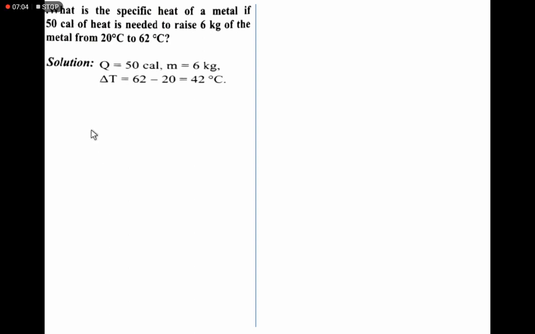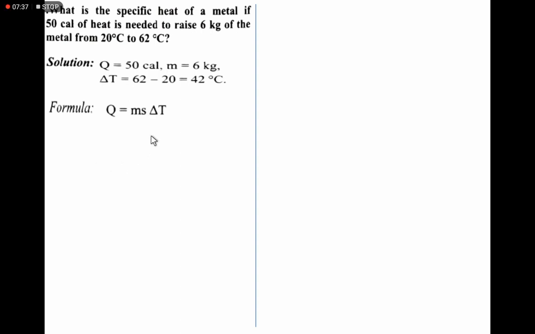We know the formula, that is Q is equal to m s into delta T. Already we learned the specific heat capacity of the body. Then there are different specific heats, the principal specific heat of the body, and molar specific heat of the body. Definitions we studied in our theoretical lectures.